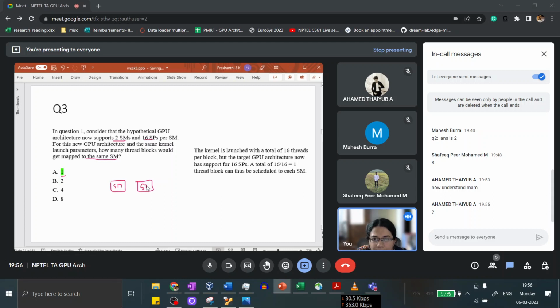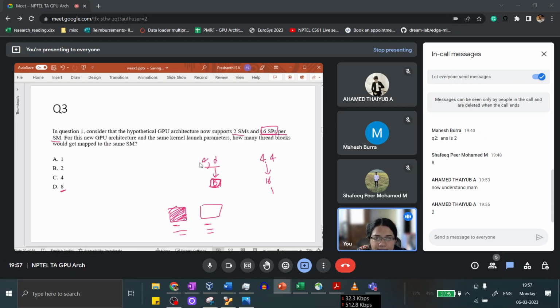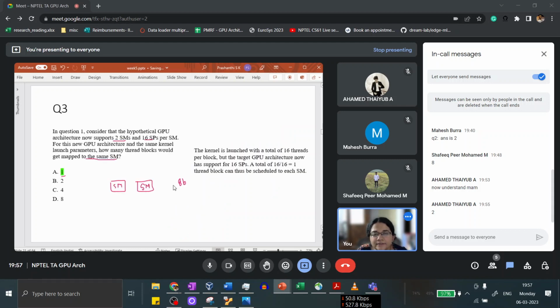So you have 2 SMs and you have 8 blocks. Where do these 8 blocks come from? It is from this launch parameter, 4 into 2, that gives you 8. So the total number of blocks that you need for this kernel is 8 blocks. Now we have said as part of this question that we are going to schedule 1 block to SM1 and 1 block to SM2 in the first round.